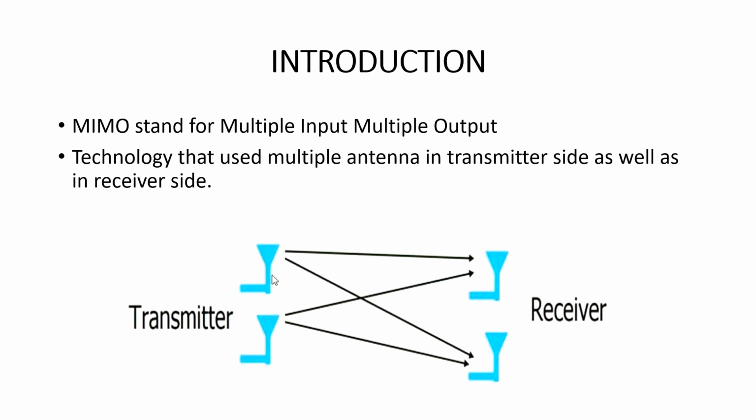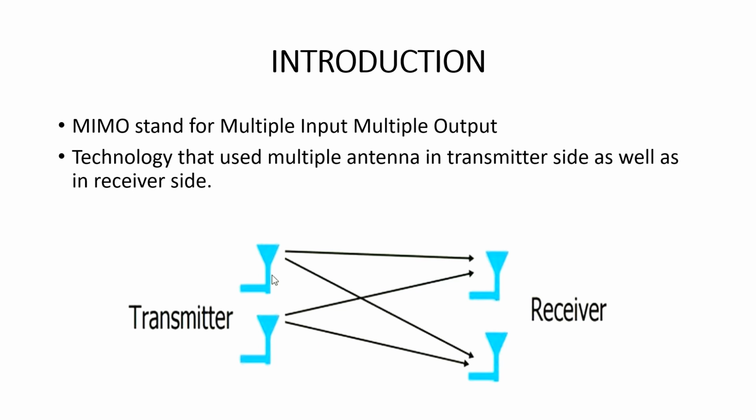So MIMO, the meaning of multiple input is that we can connect more than one antenna in the place of a single antenna at the transmitter. That is the meaning of MI, multiple input, and multiple output means the transmitter antennas will give a number of versions of the same input which is transmitted by the transmitter. That is the meaning of MIMO.